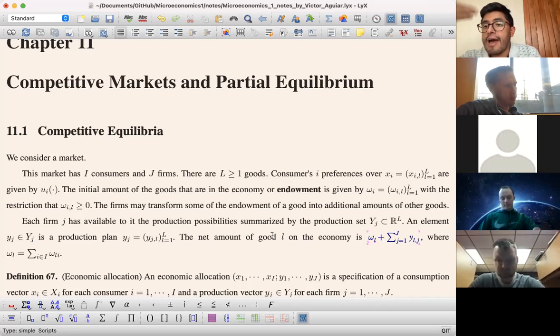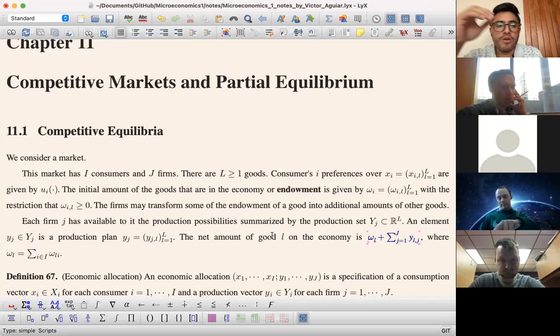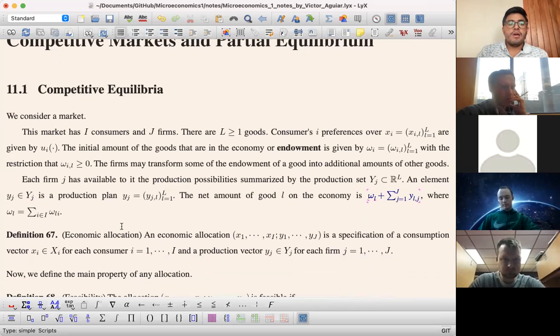As an output, this is going to add the existence of this good to the economy. So the total existence of these goods in the economy is going to be the endowment, the initial value, minus the uses as an input, plus the production as an output, okay? So that's essentially the total existence of the good in the economy.